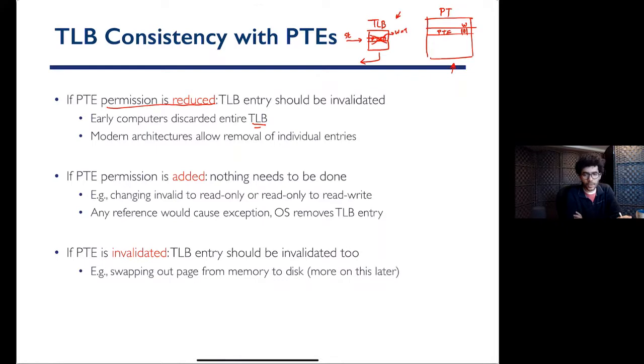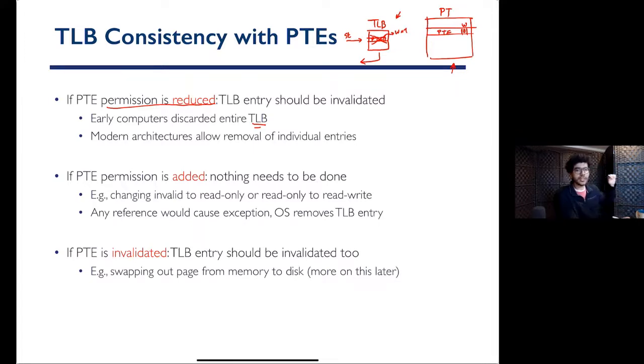Now, in early computers, there was no way to address individual page table entries in your TLB. So you had to flush your entire TLB. You have to say, okay, nothing in my TLB is valid anymore, flush it, and do it again. In modern architectures, that's not needed.